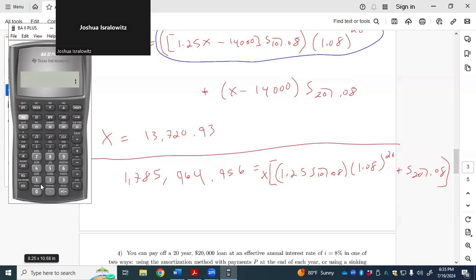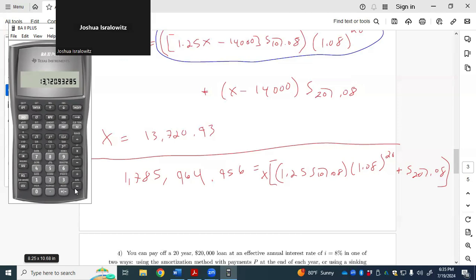20 N, 8 interest, 1 payment, plus this times this number here, and you get the same answer, 13,720.90.